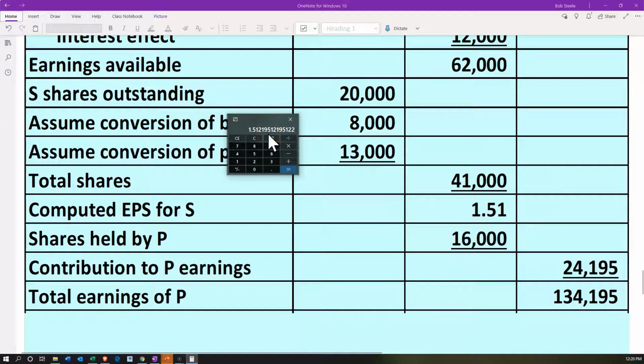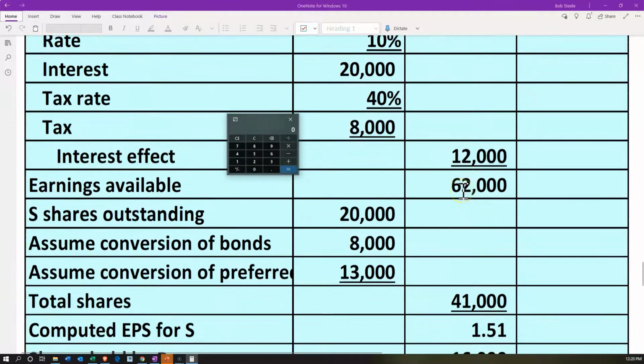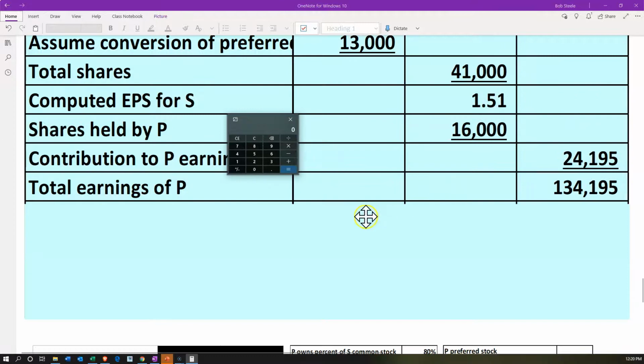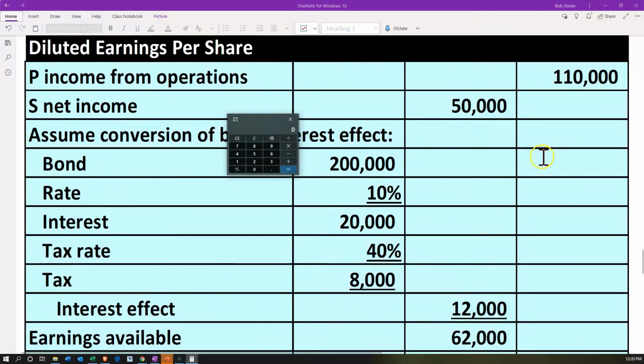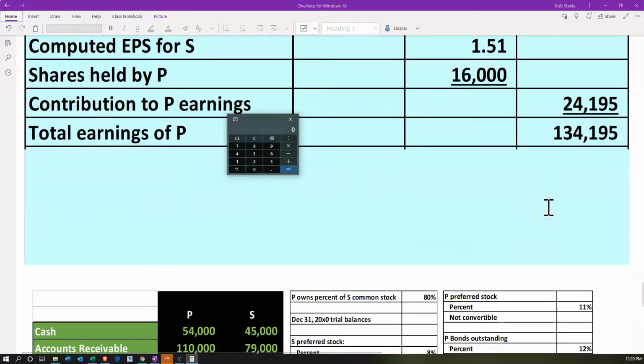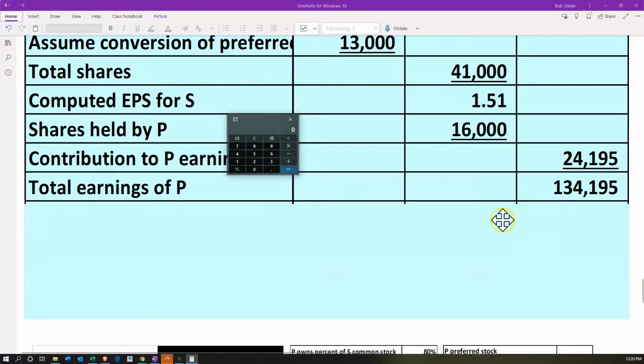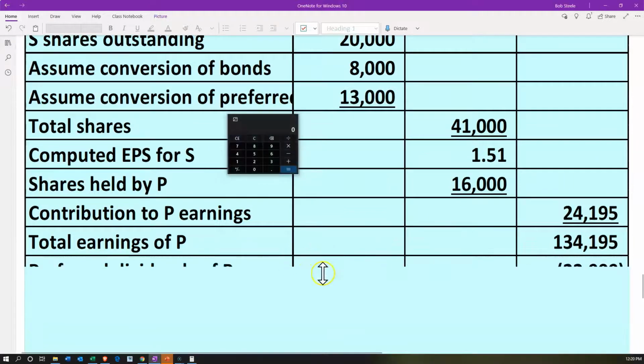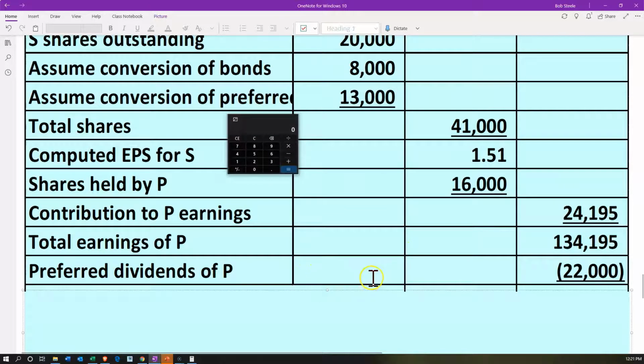Now let's take this number and then multiply it times the 16,000, and that's going to give us our 24,195. Again, still rounded to the dollar at this point. All right, then we're going to be taking our total earnings, which is going to include our earnings up top, the 110,000 plus the 24,195 to get the 134,195 total earnings. Then we have the preferred dividends of P that we got to pay the preferred dividends first.